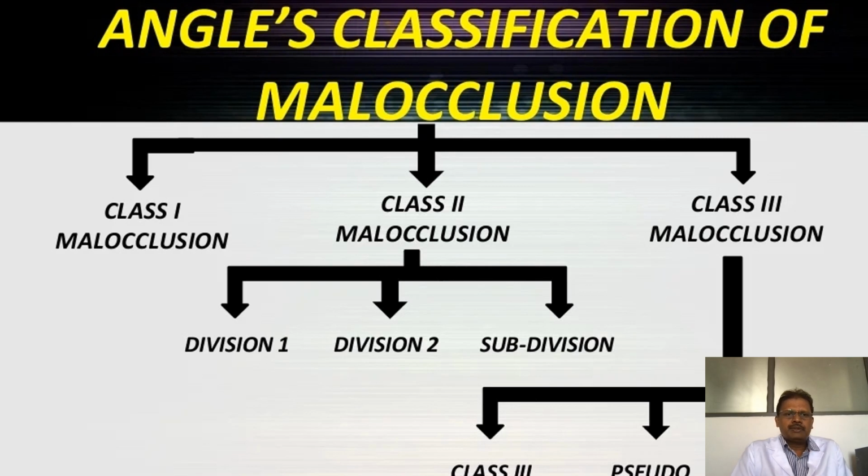Angle's classification is divided into class 1, class 2 and class 3 malocclusion. Class 2 malocclusion is divided into division 1, division 2, and subdivision, and class 3 is divided into pseudo class 3 and true class 3.